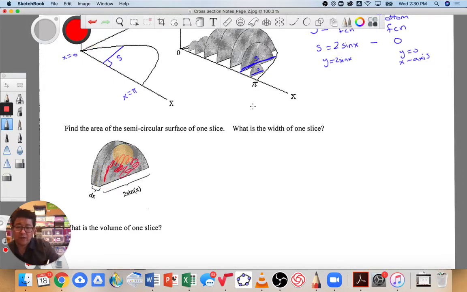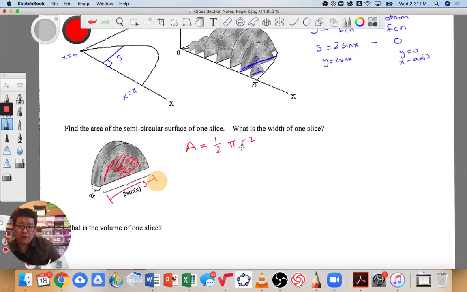So the area is equal to 1/2 pi r squared. Everyone good with that? This distance right here is S, and we know S is 2 sine x minus 0.